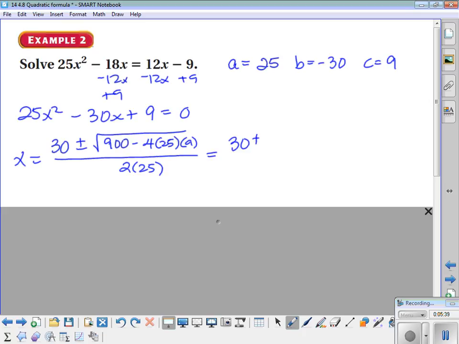All right, so now when I multiply 4 times 25, I get 100 times 9, I get 900, right? So what happens in the radical? It just equals 0, right? And what is the square root of 0? 0. So it just goes away. So when the b squared minus 4ac is equal to 0, how many answers did I end up with?